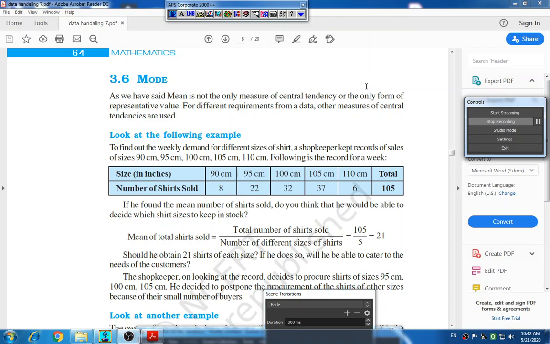If he found the mean of the number of shirts sold, do you think he would be able to decide which shirt sizes to keep in stock? Now we are going to find the mean. Mean of shirts sold is equal to the total number of shirts sold divided by the number of different sizes of shirts, which is 105 upon 5, equal to 21.